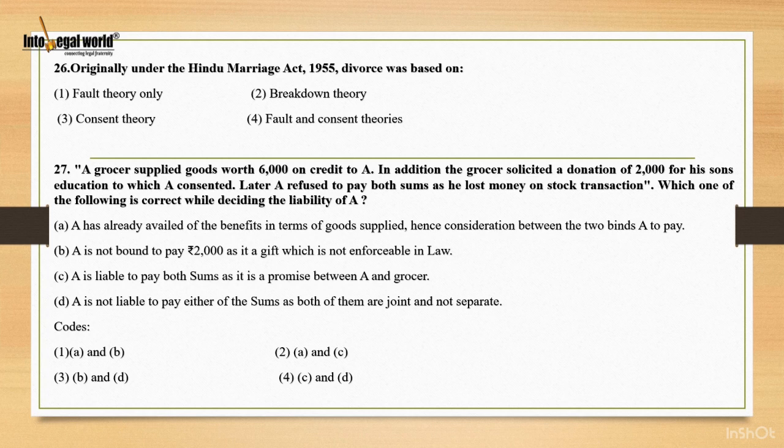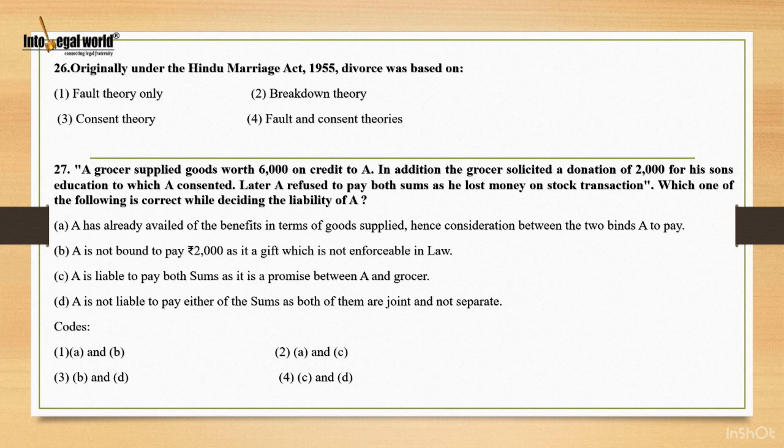Question number 27. A grocer supplied goods worth 6,000 on credit to A. In addition, the grocer solicited a donation of ₹2,000 for his son's education, to which A consented. A later refused to pay both sums as he lost money on a stock transaction. Which one of the following is correct while deciding the liability of A? Option A. A has already availed of the benefit in terms of goods supplied.